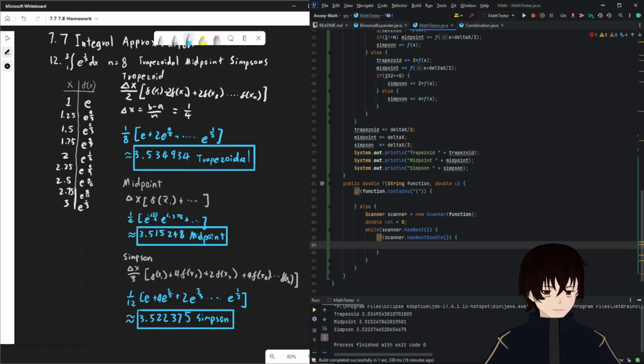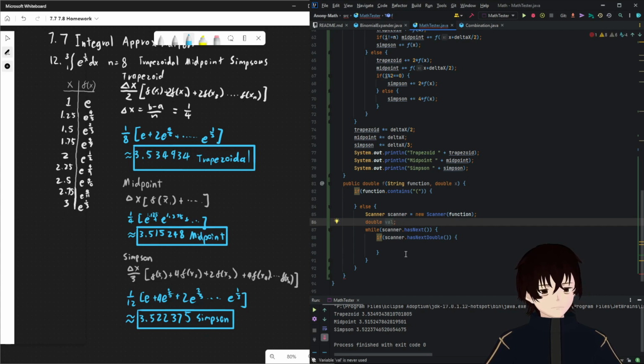How do I get the first one though? Let's see, hasNext. Where to check that?